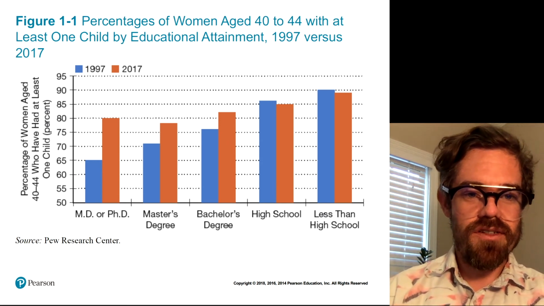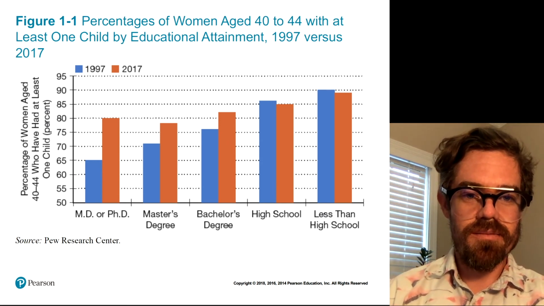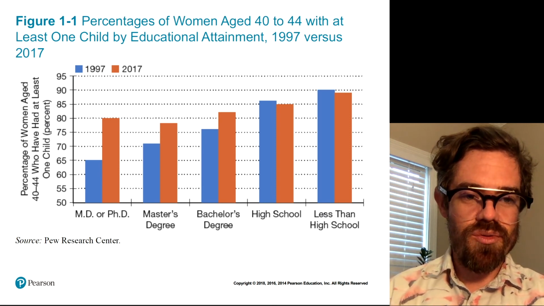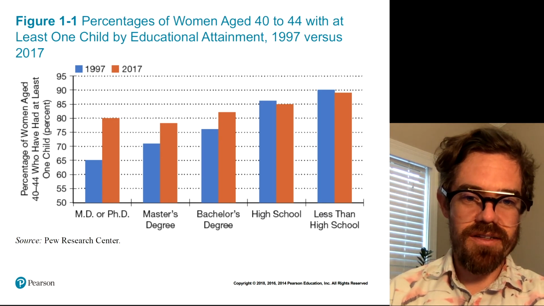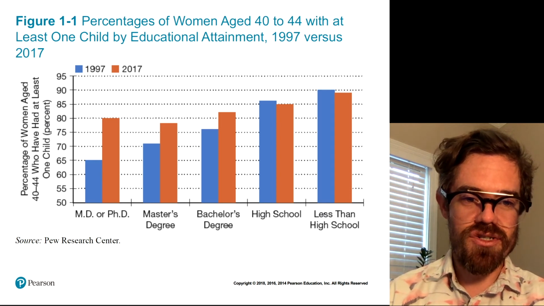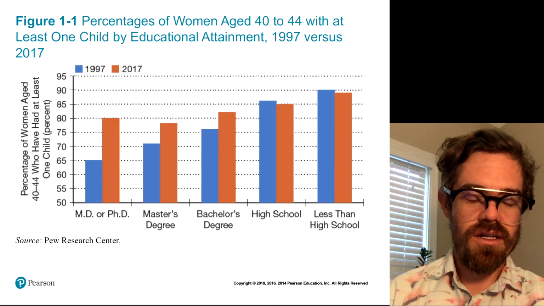So I'm trying to see if there's any other interesting things here. It seems to me that the blue bars go from smallest to largest in a very linear fashion, so that's interesting. So that's for 1997. It looks like there's almost a perfect linear relationship between education and the number of women having at least one child.